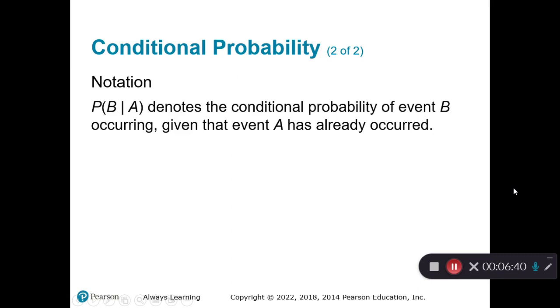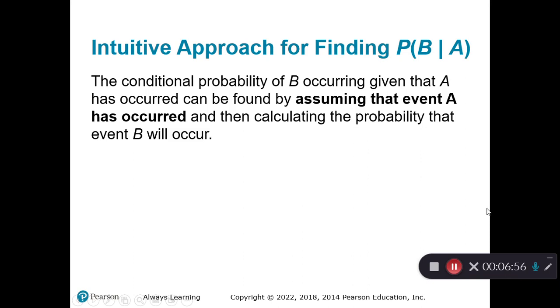The notation that we saw is that the probability of B given A is the probability that event B will occur given that we know event A has already occurred. The conditional probability of B, given that A has already occurred, can be found by assuming that event A has occurred and then calculating the probability that event B will occur as a result.